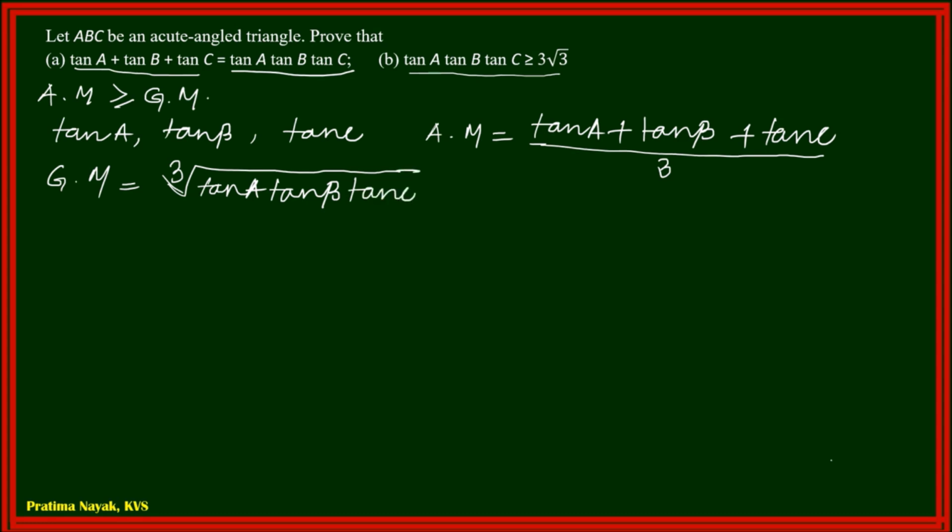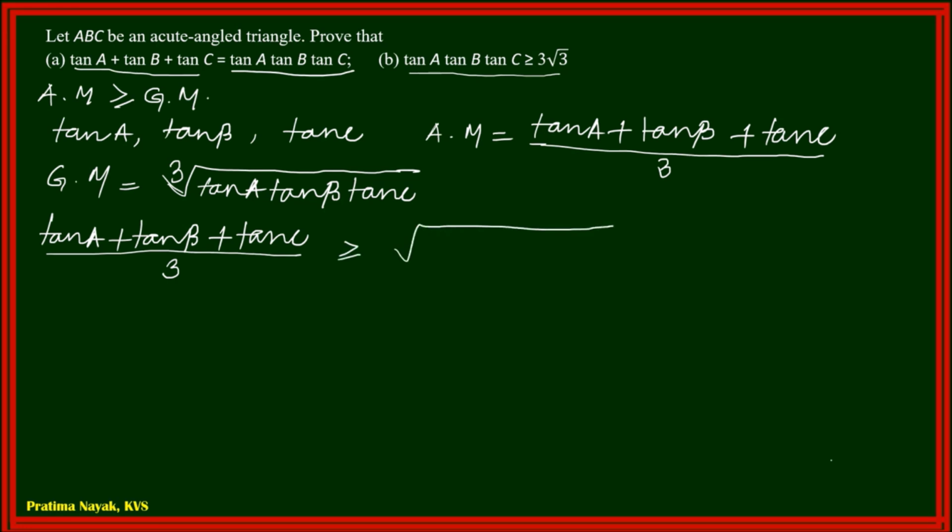Now applying this AM is greater than GM, I'm getting tan A plus tan B plus tan C over 3 is greater than or equal to the cube root of tan A, tan B, tan C. So what is tan A plus tan B plus tan C?